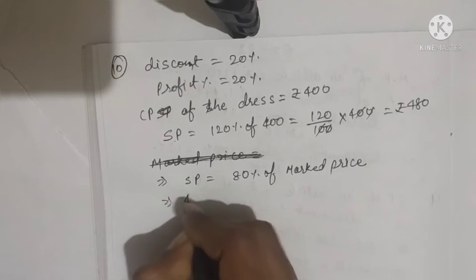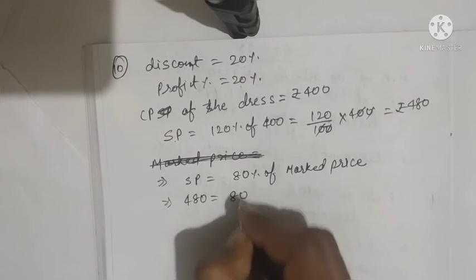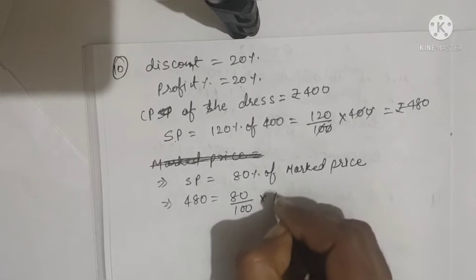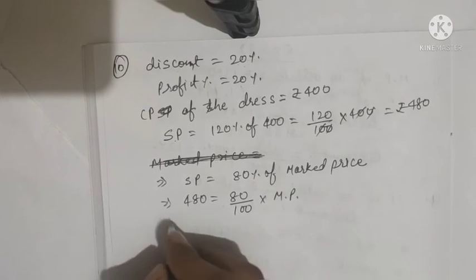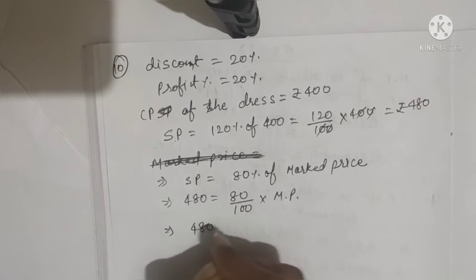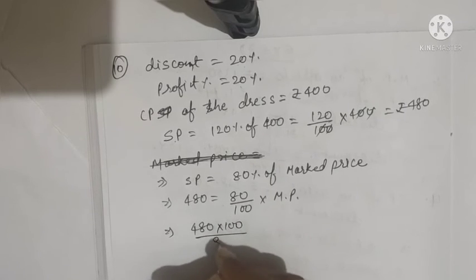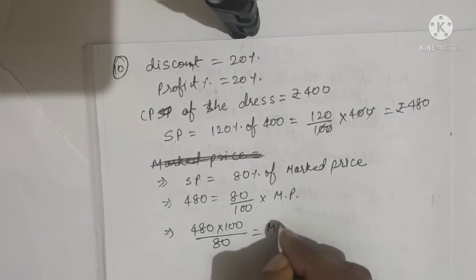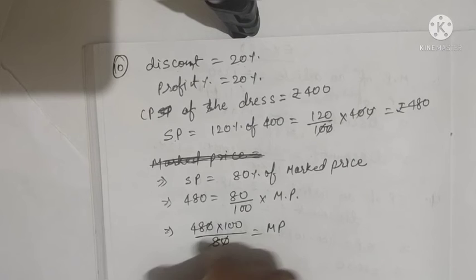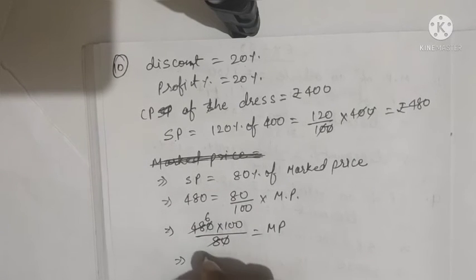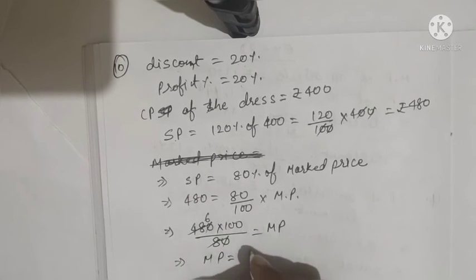That implies rupees 480 is equal to 80 by 100 into marked price. That implies 480 into 100 by 80 is equal to marked price. 0 to 0 cut, 8 6. That implies marked price is equal to rupees 600.